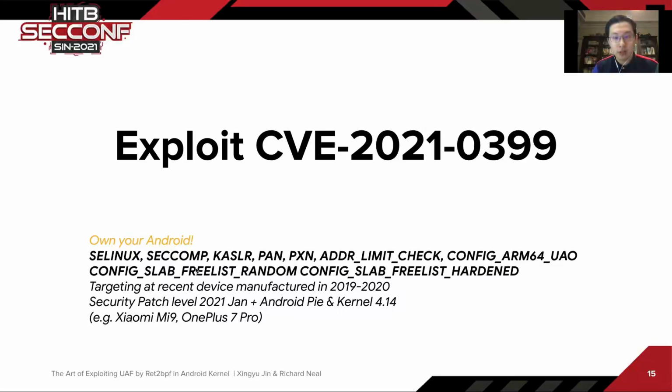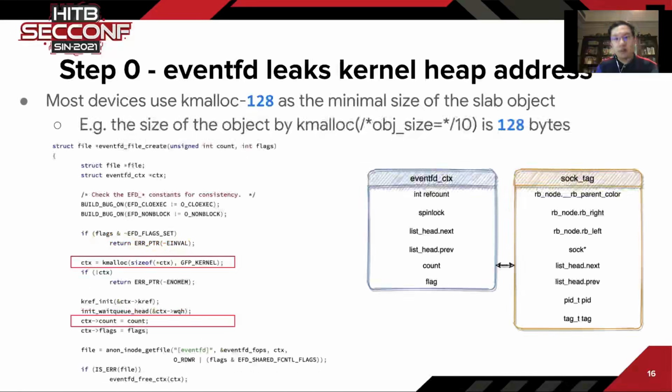Later I will show a demo on how to exploit the Xiaomi Mi 9 device with the latest kernel version 4.14 for Android Pie with the aforementioned mitigations. First of all, if you are not very familiar with Android kernel exploitation, most Android devices nowadays use kmalloc-128 as the minimum size of the slab object. So the size of the object allocated by kmalloc is actually 128 bytes.